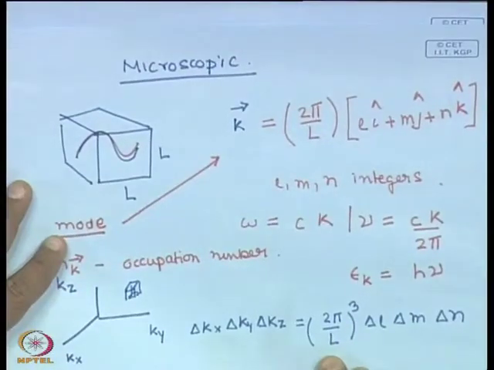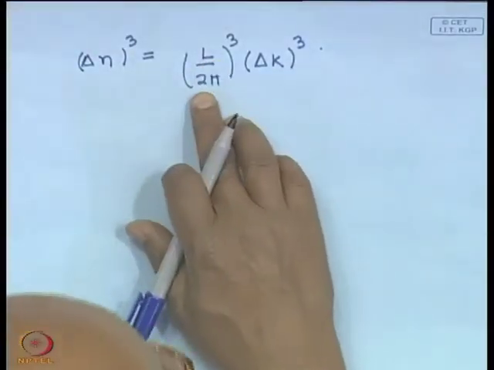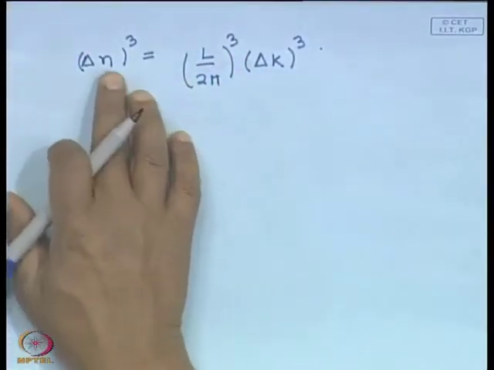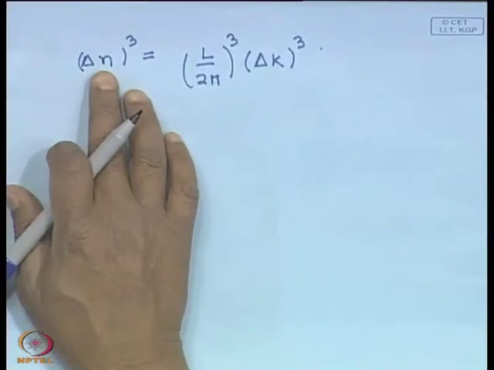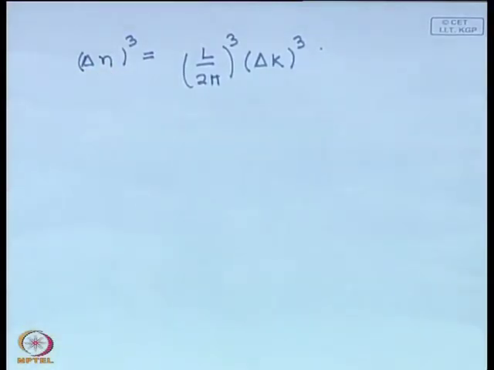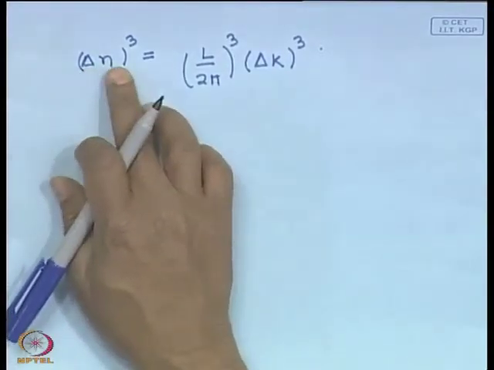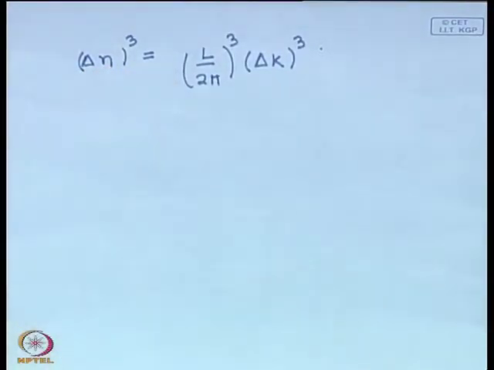If I multiply this by L cube and divide by 2 pi cube, this gives me the number of modes that are there in this volume element in the wave vector space. Okay. That is essentially delta l into delta n into delta m, right. So, this is the number of modes.